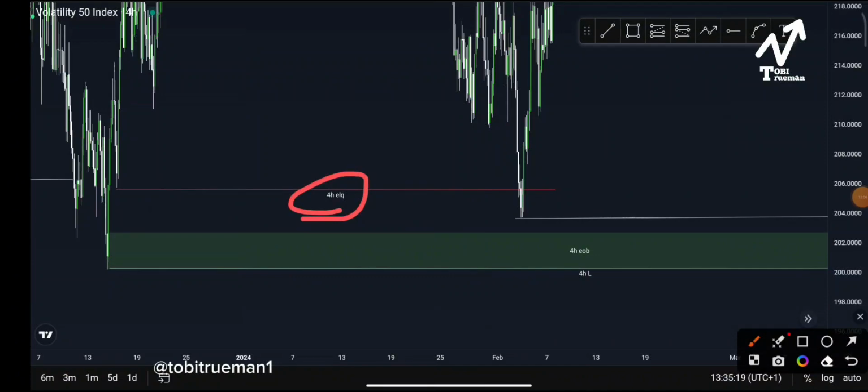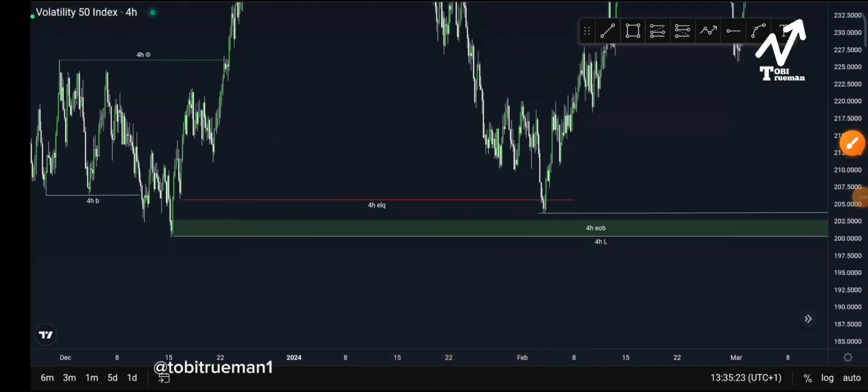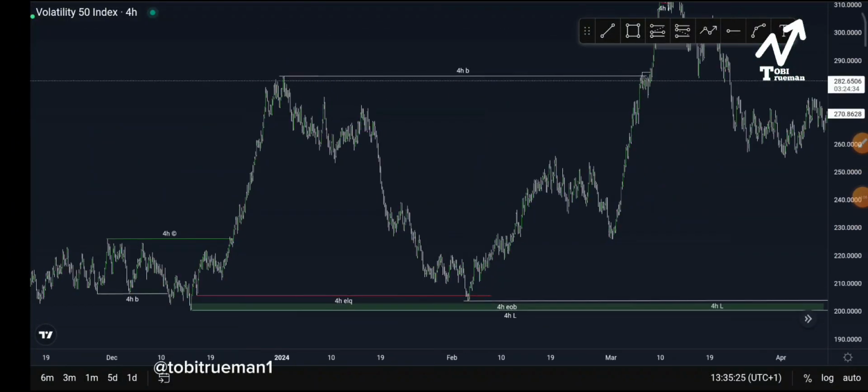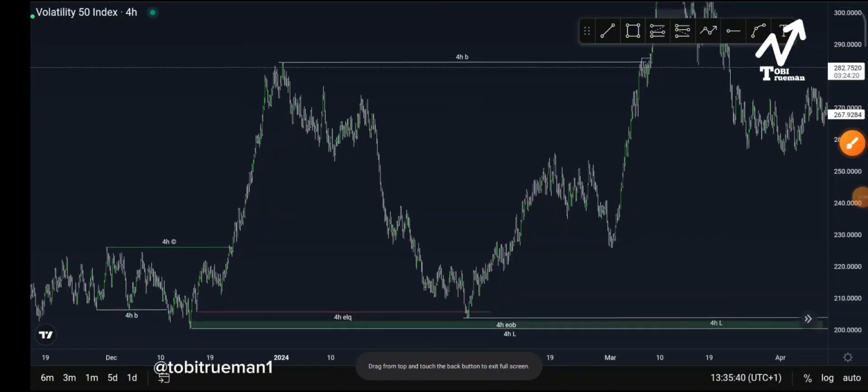So since I don't have that yet, I waited for this structure, and then see what price did. Price just came, took the engineering liquidity, never tapped on the extreme order block, which was where I was waiting for my entry model.